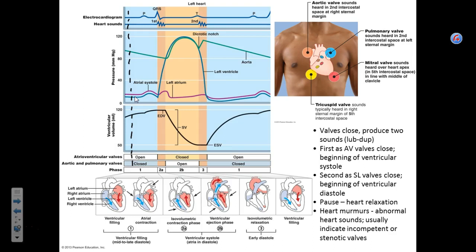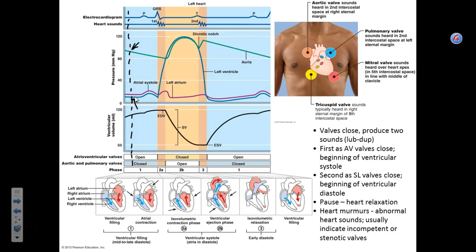Valves: AV is open, SL is closed because of what? The pressure in the aorta is much higher than the pressure in the ventricle. Now AV is open because pressure in the atrium is higher, not much, but higher than the one in the ventricle.